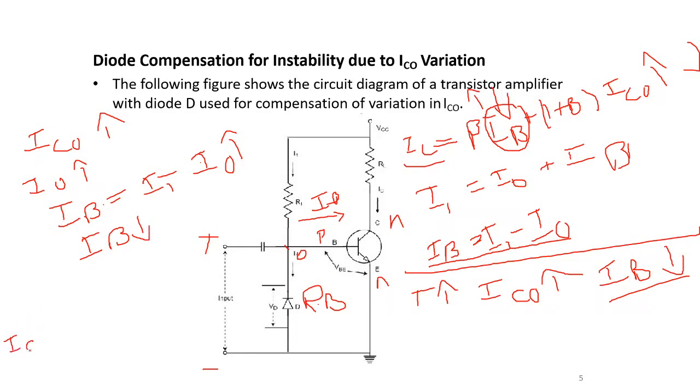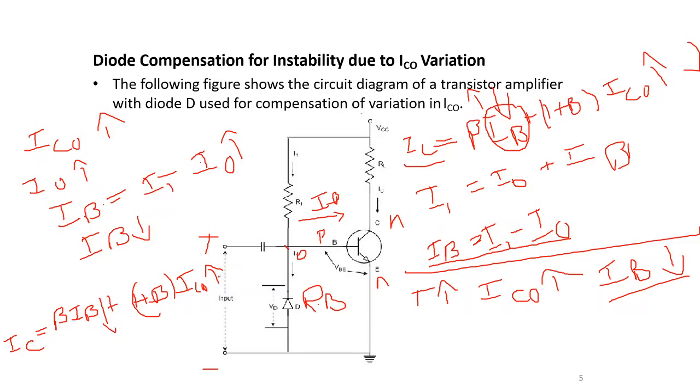So what is the equation of IC? IC is equal to beta times IB plus (1 plus beta) times ICO.